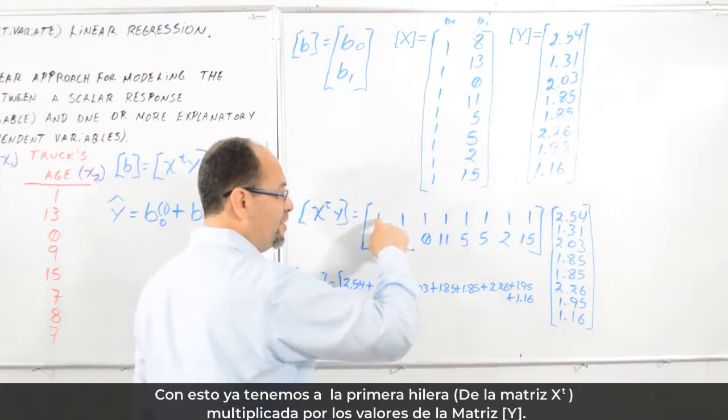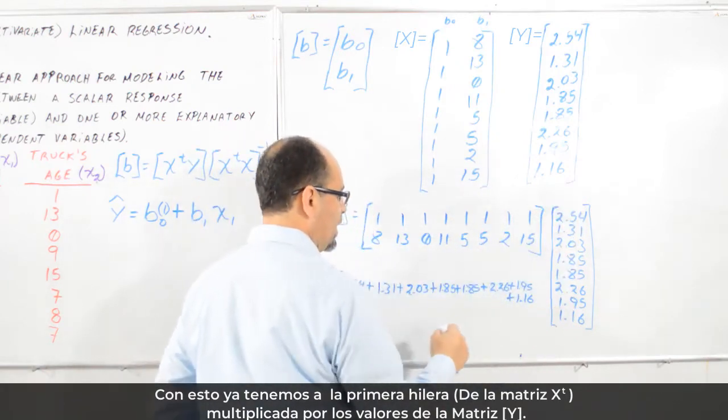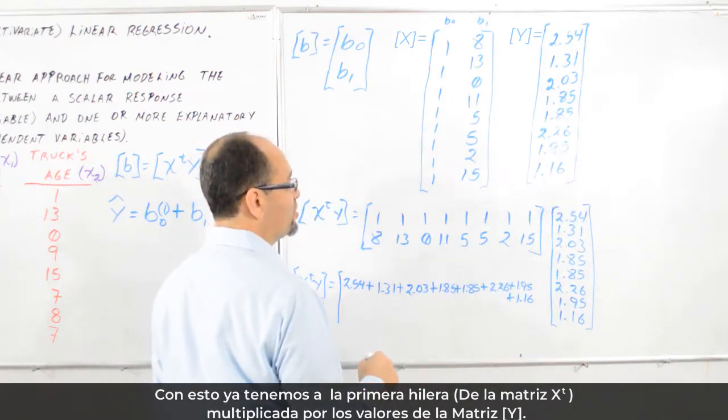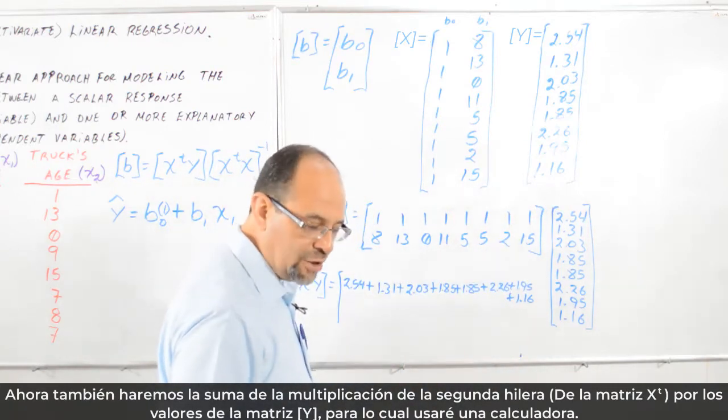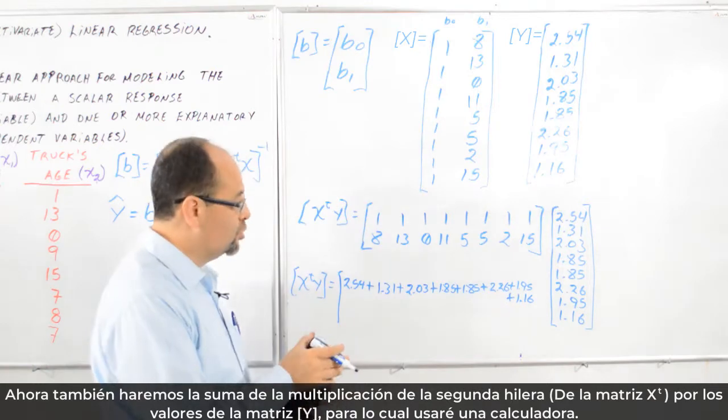Okay, that is the first row times the values of matrix Y. Now the second row times those values as well. Well, I will be using the calculator.